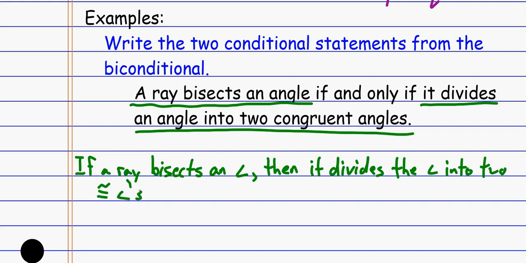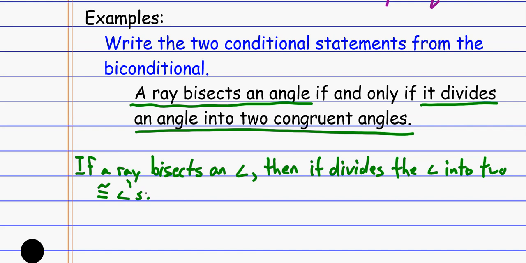So what I have here is if a ray bisects an angle, then it divides the angle into two congruent angles. I used the actual math symbols within the sentence just to save myself a little time. You can feel free to do that also. So there's the conditional statement. I just removed the "if and only if" and wrote it as a conditional statement instead.